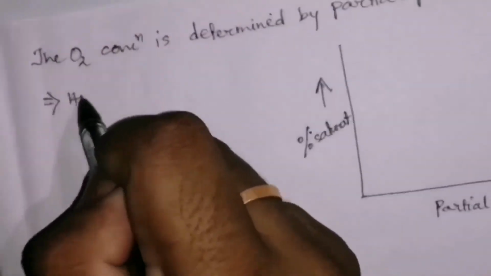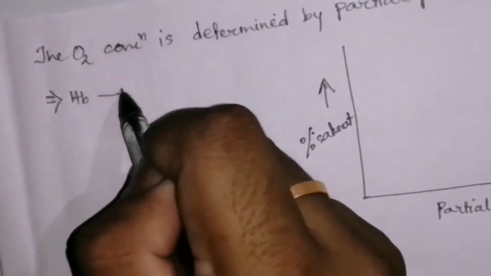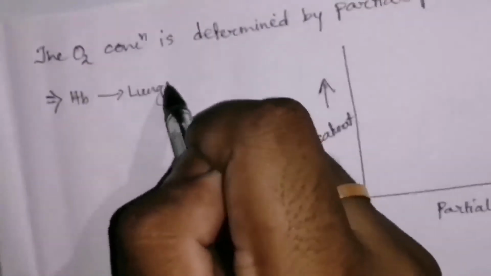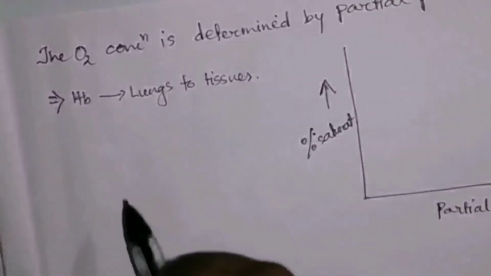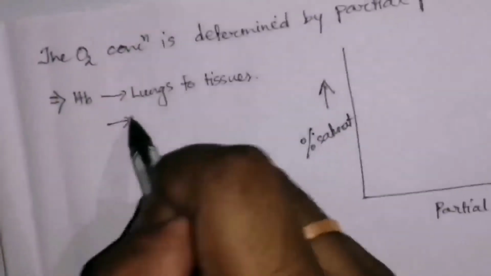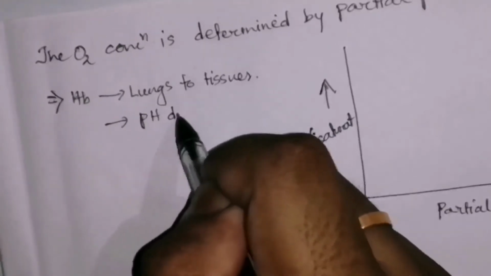Now, as hemoglobin travels from the lungs to the tissues, the pH value decreases.